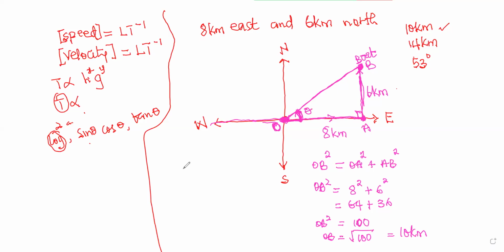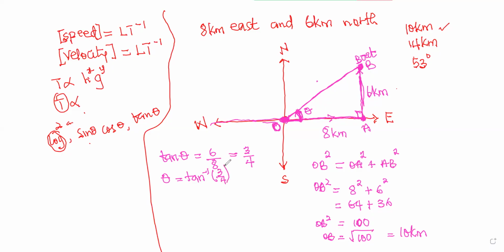Once we have all three sides, the adjacent to the angle, the opposite, and the hypotenuse, we can use any of the trig ratios to find it. If we use tan theta, that gives the opposite, which is 6, over the adjacent, which is 8. This is the same as 3 on 4, isn't it? Yes, sir. So theta will be equal to the tan inverse of 3 on 4.